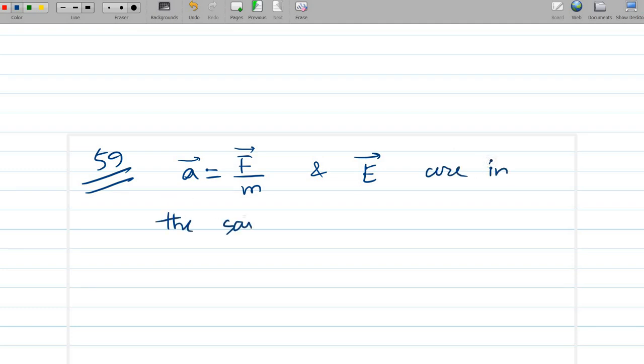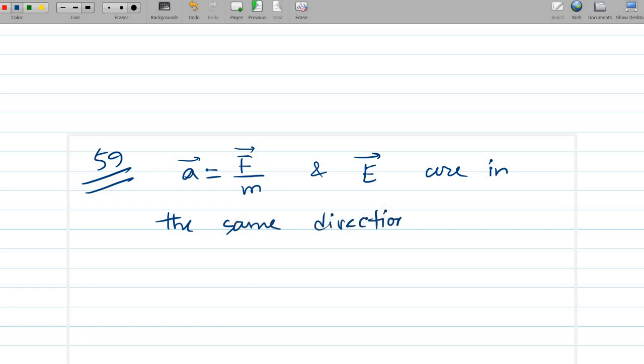So number 59, the acceleration, which is equal to F divided by m, and the electric field are in the same direction, right?